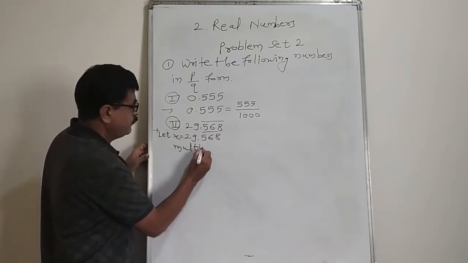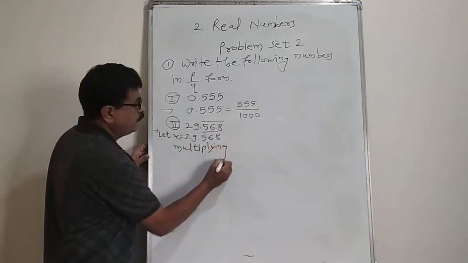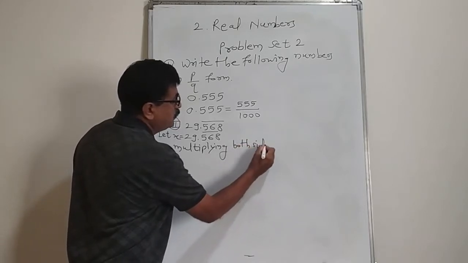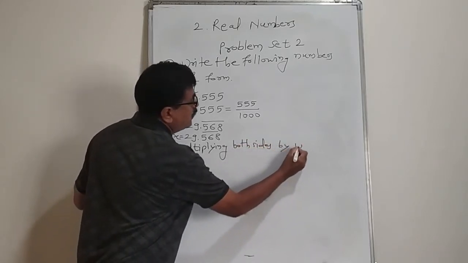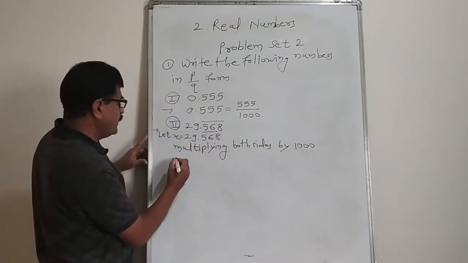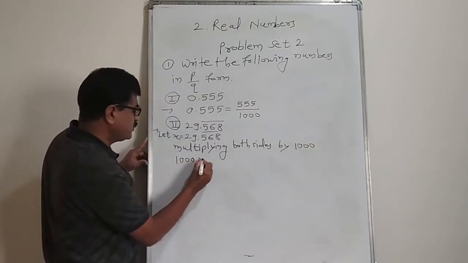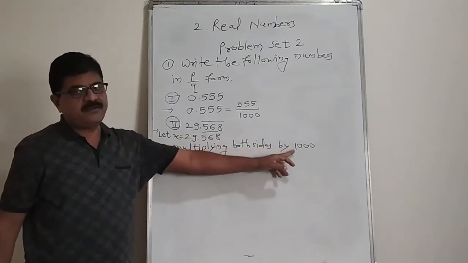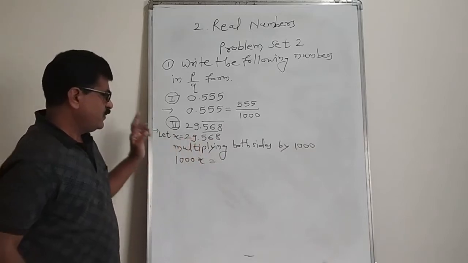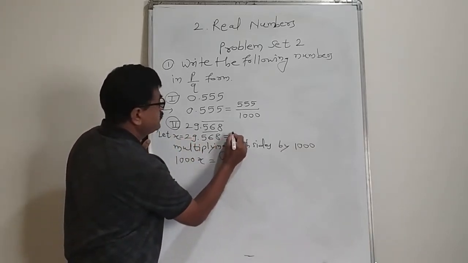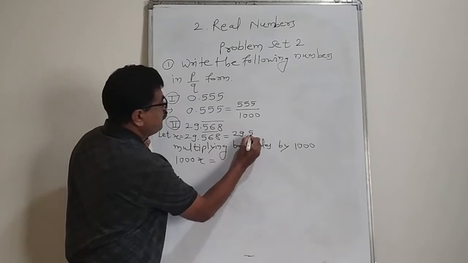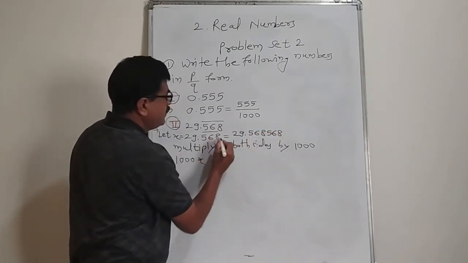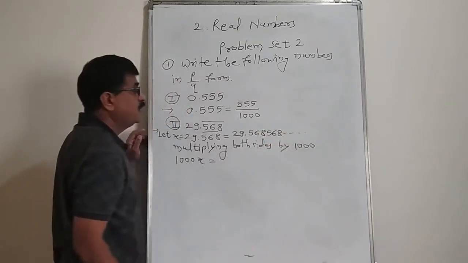Multiplying both sides by 1000. Now we get 1000x is equal to, now if we multiply this by 1000, this is also written as 29.568 with these three digits repeating and so on.